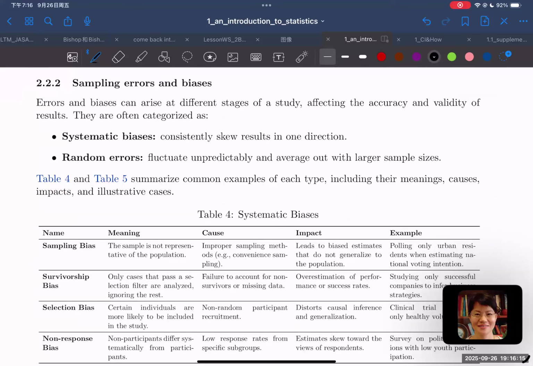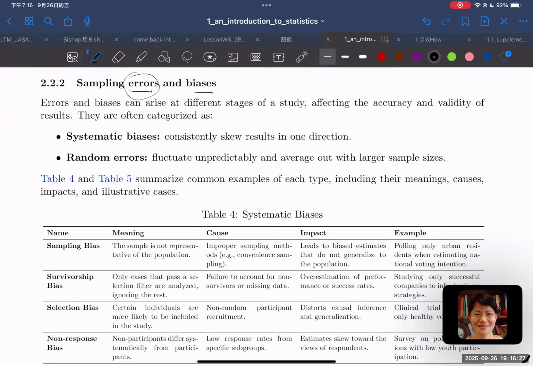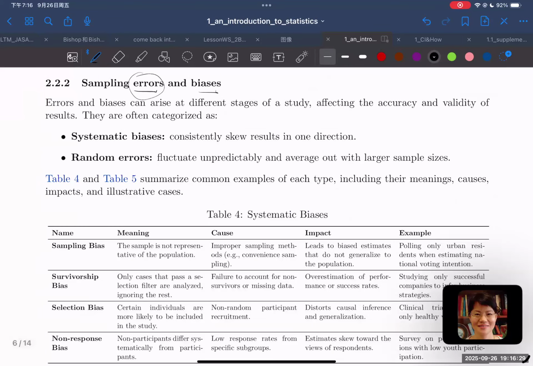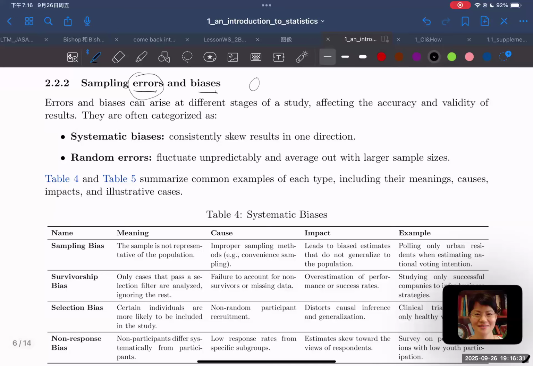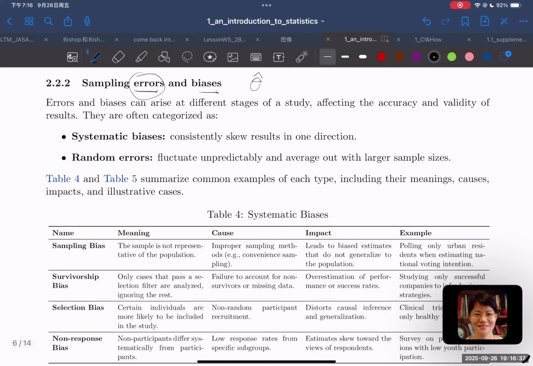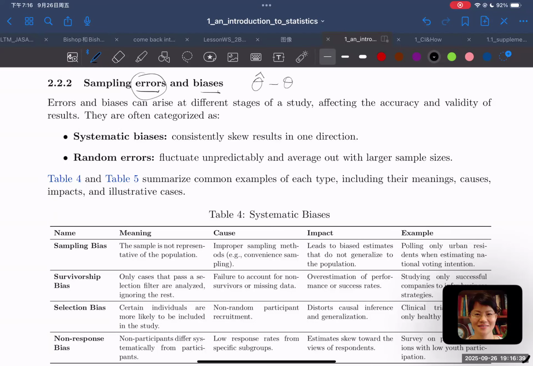Next, I would like to introduce sampling errors and biases. Errors and biases are two concepts that you will encounter often. Error means that if you have an estimator and the true value, their difference would be your error.